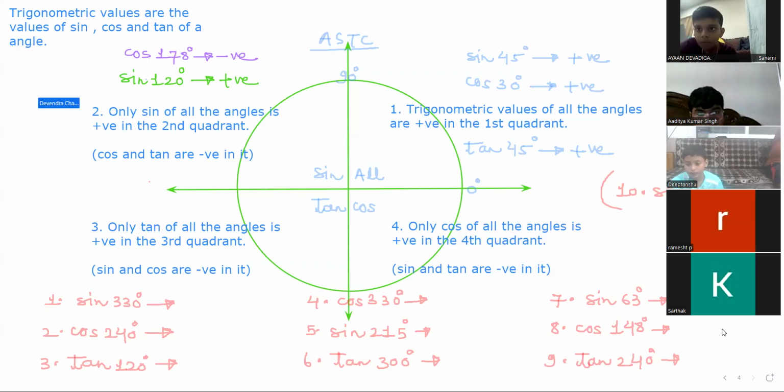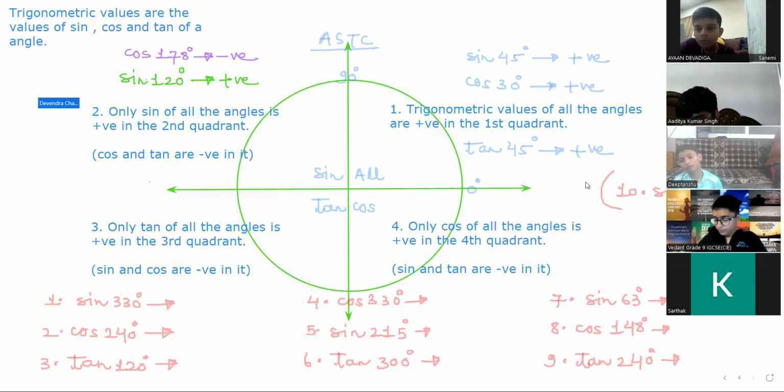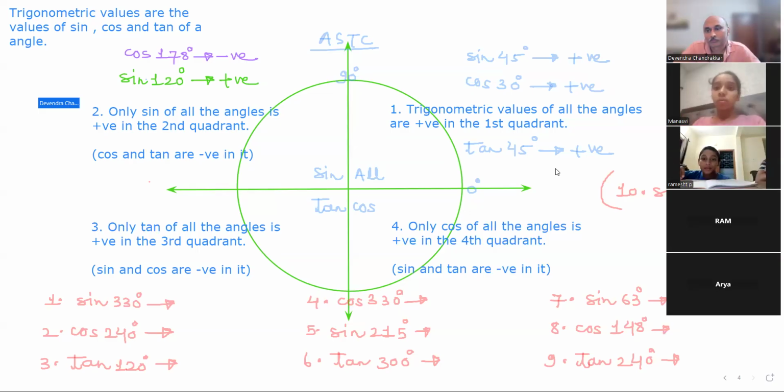You are not able to understand? Yeah, so you should ask, beta. How should I know? You are not able to understand. Tell me. You are 6th standard. So what? You can understand. I'll help you. You understand this 0, 90, 180? You understood this or not?